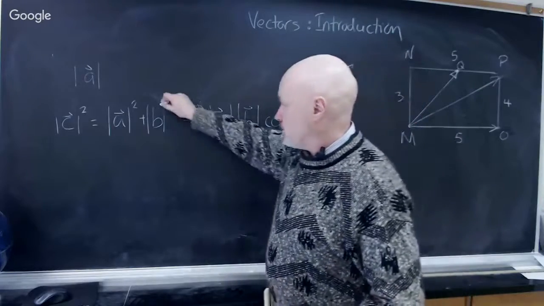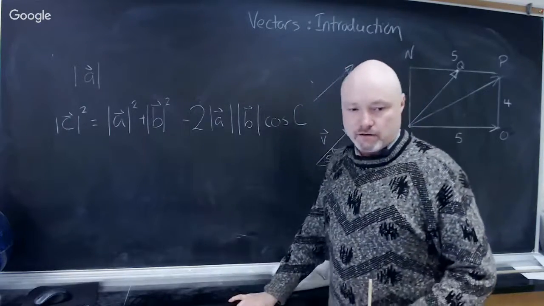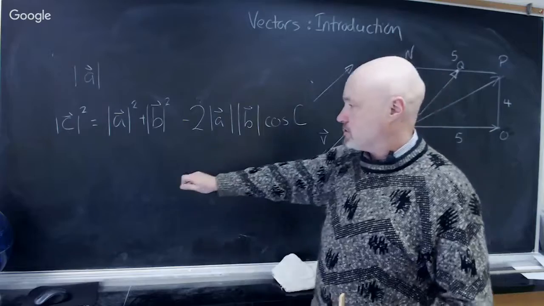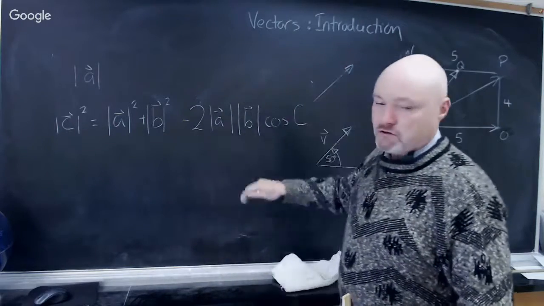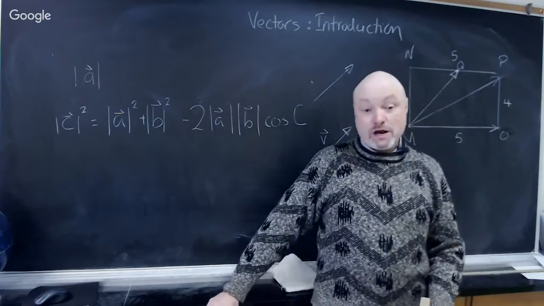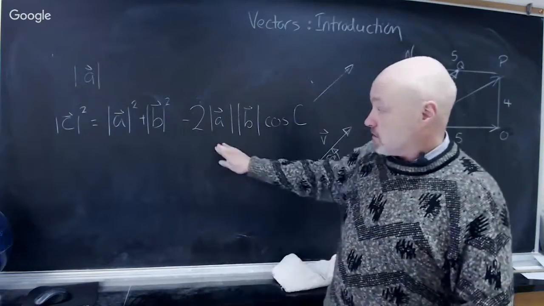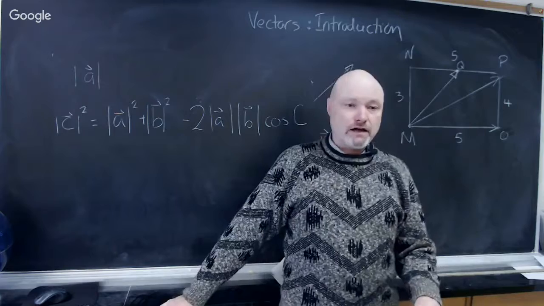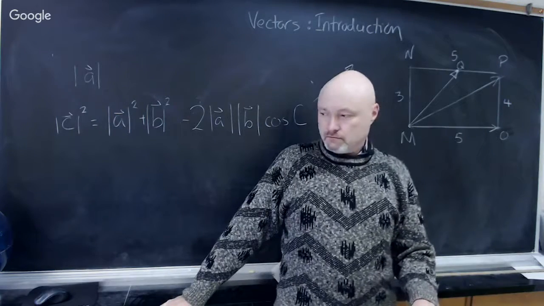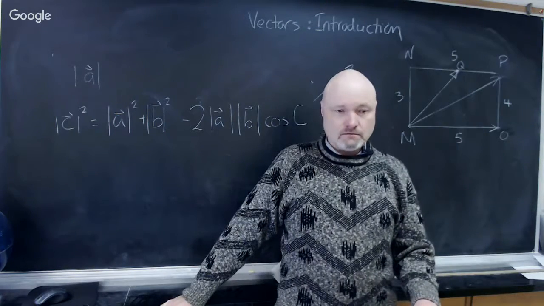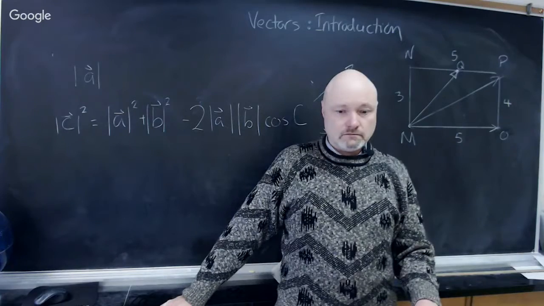When we convert this into a vector calculation, we just use the magnitudes, because algebraic things happen with vectors when we add them together. So the cosine law just deals with finding magnitudes.